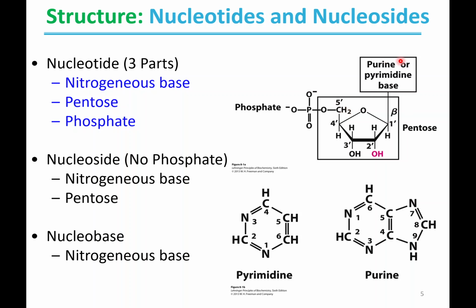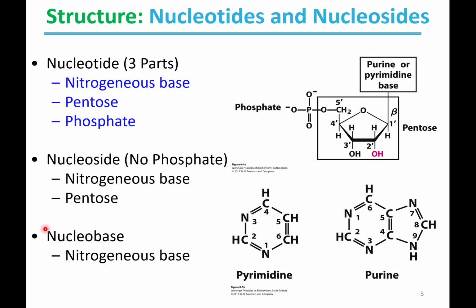Okay, so nitrogenous base, ribose sugar in the ring form, and then a phosphate group. Okay. So that's a nucleotide. There's also something called a nucleoside, okay, and that would be the same thing as what we just looked at, but no phosphate group. So it only has a nitrogenous base and the ribose.